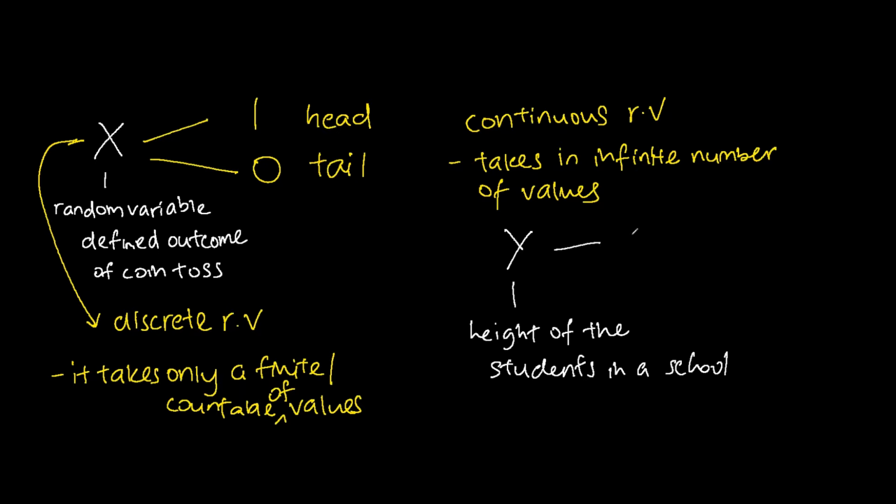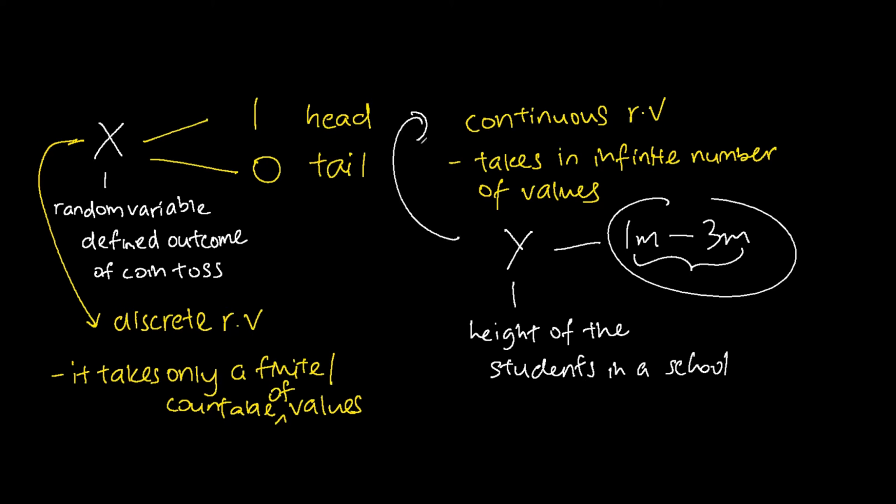It could range from, let's say, 1 meter all the way to 3 meters, just for example. Because within this range there is an infinite number of values, we define y as a continuous random variable.